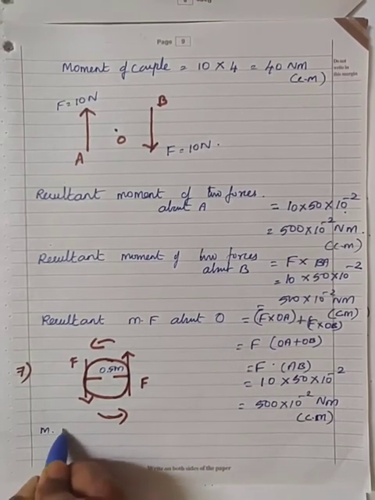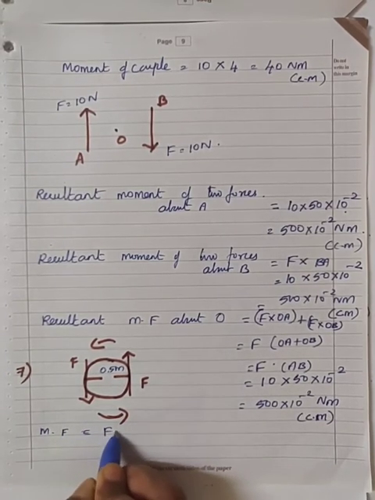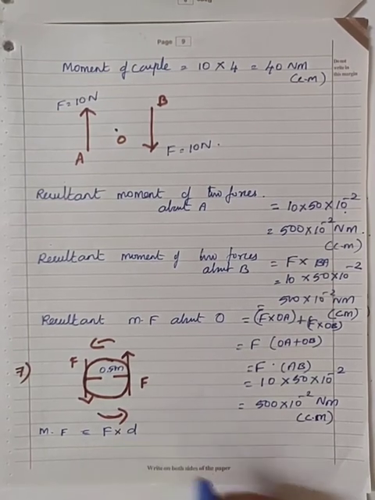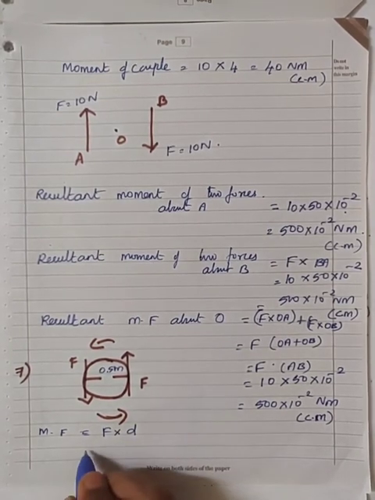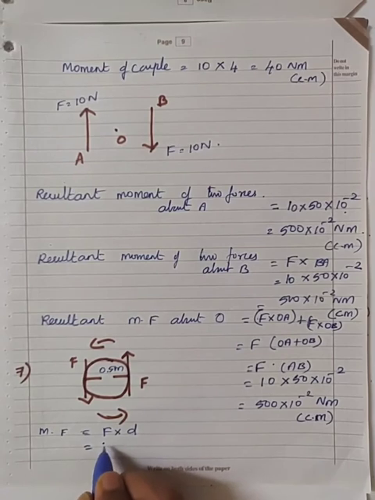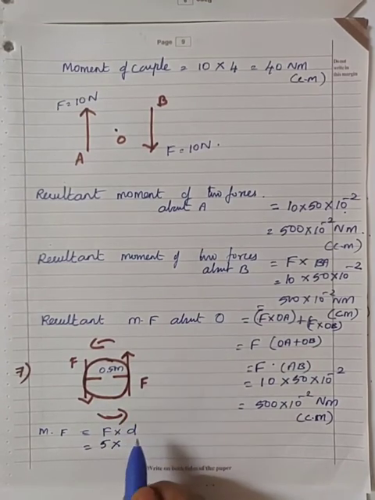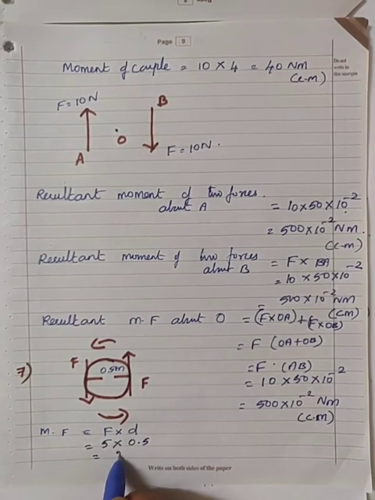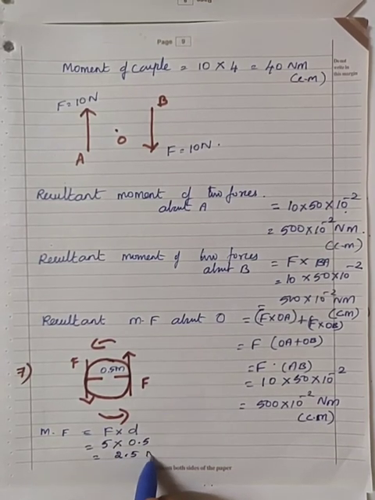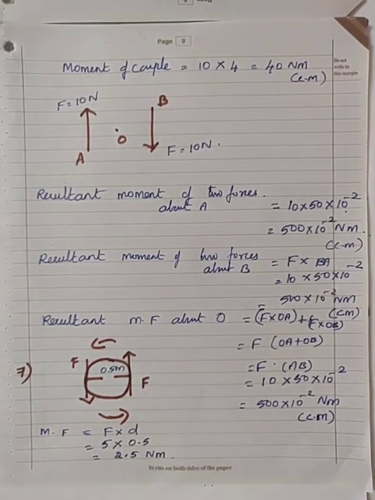The moment of force is equal to F into the perpendicular distance between the lines of action of the two forces. The magnitude of the force is given as 5 Newton. So 5 into the perpendicular distance between the lines of action of the two forces, 0.5 meter, which is equal to 2.5 Newton meter.